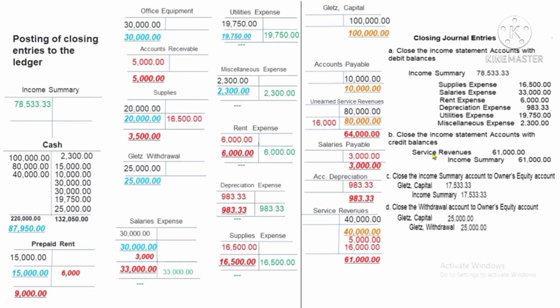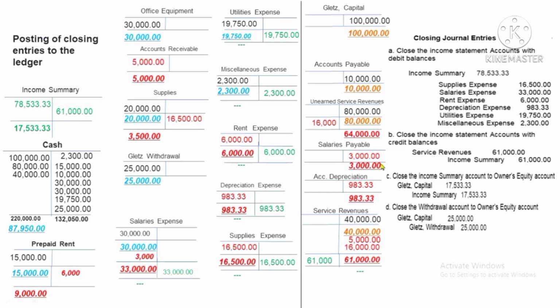Now, let's go to the second set of closing journal entries, which is service revenues debit 61,000. Now, the service revenues will have a zero balance, and credit the income summary by 61,000. But before we go to the third, the income summary, after the two closing entries, will have a balance of 17,533.33 on the debit.